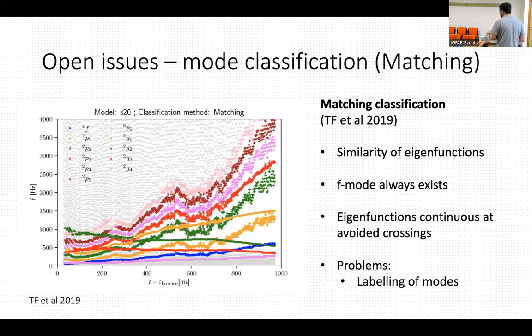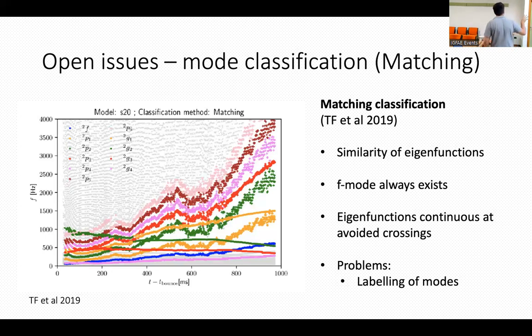The problem here is how to label the modes. Which is the F mode, which are P modes, what are G modes, is more complicated. In the other case, you have a zero, you say, okay, if you are increasing the number of nodes, they will be P modes, and if you are decreasing the number of nodes, they will be G modes. You have a clear symmetry plane to make the labels. But here it is not completely clear. You have to put labels by hand.